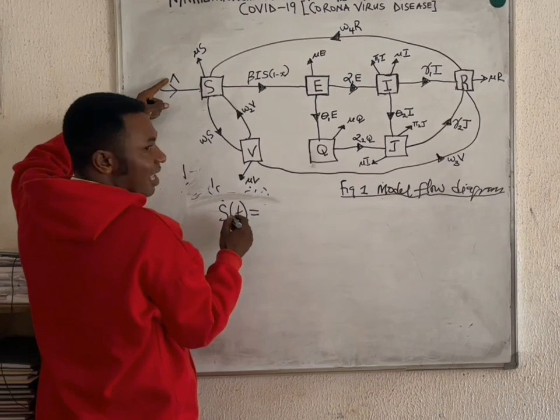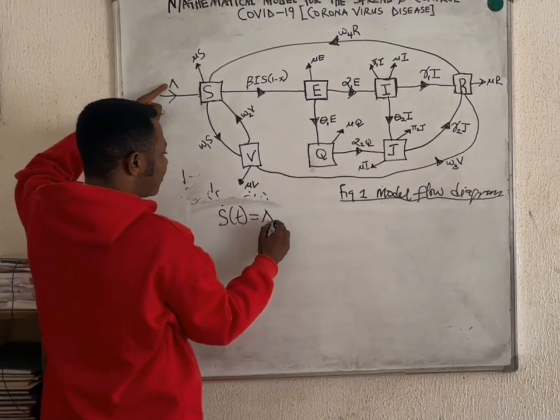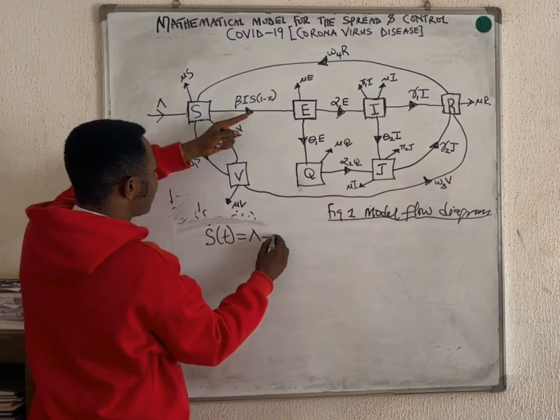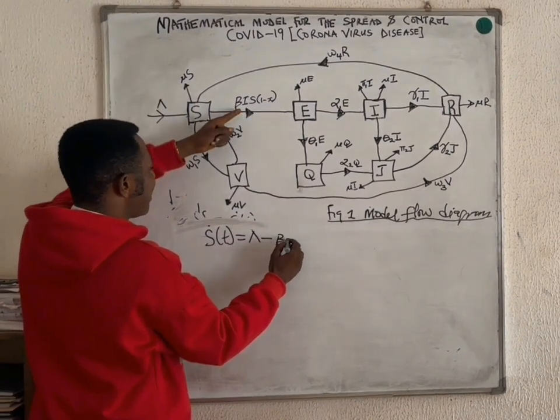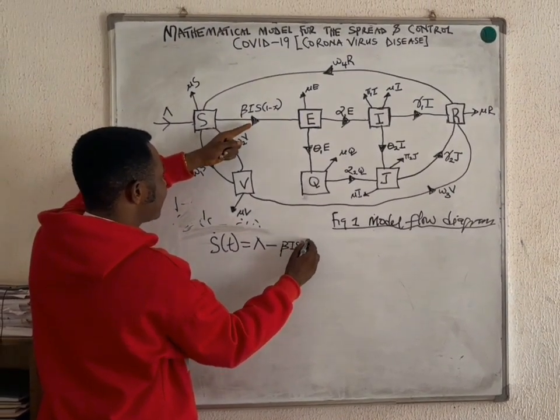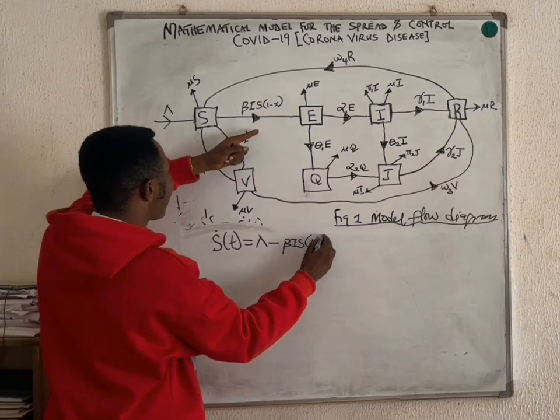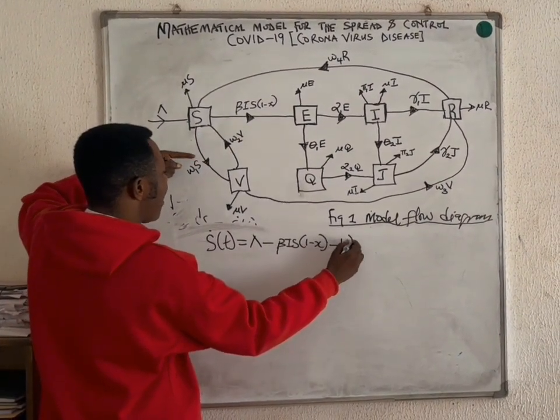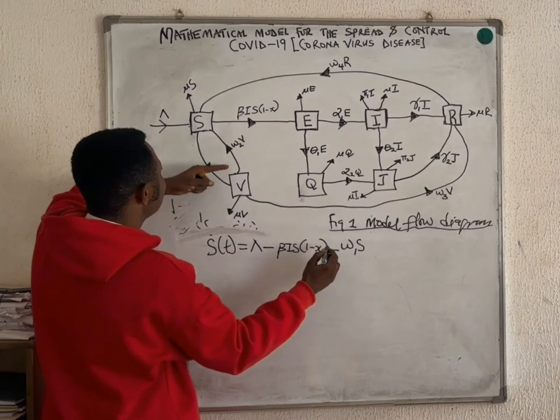look at this place. This sign lambda is entering. Then which one is leaving? This is leaving, minus beta I x, then 1 minus x, all right? Then this is leaving, minus omega 1 x.